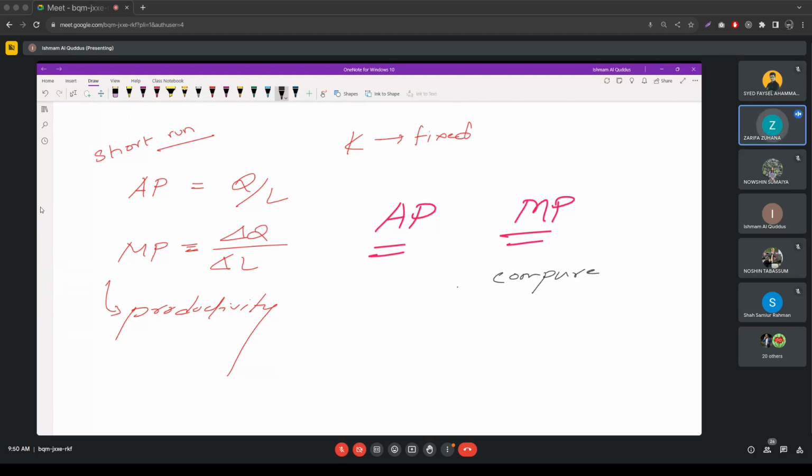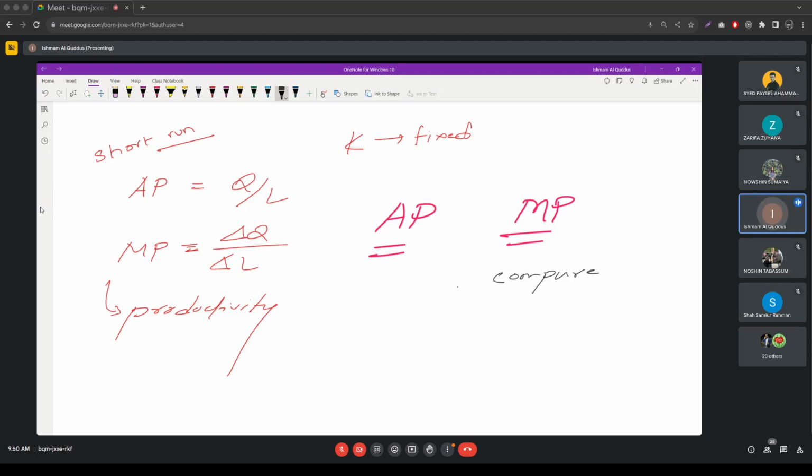and then I can make a decision on whether I should hire more laborers. Very good. So you see, MP is a good indicator. I'm not going to say AP is not a good indicator, but MP gives you more precise, accurate information. In which way?